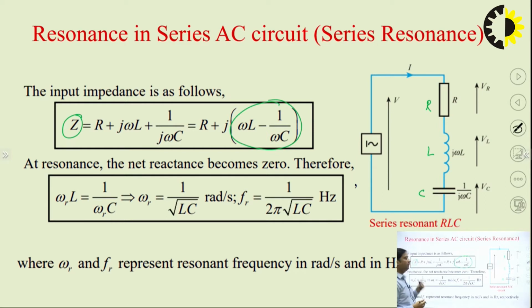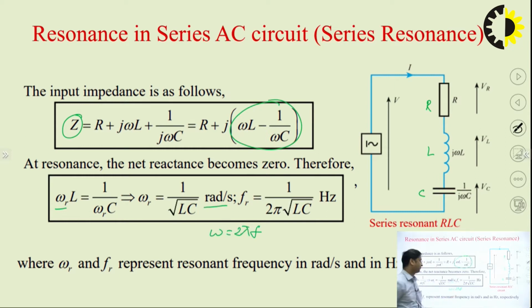That means the total impedance will be equal to the resistance R. When we equate the imaginary part to zero, at the resonance frequency, it comes out that omega R, the angular resonance frequency, will be equal to 1 upon root LC in radian per second. And if we want to calculate in hertz, it is 1 upon 2 pi, because omega is equal to 2 pi f.